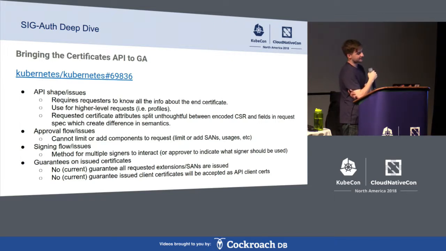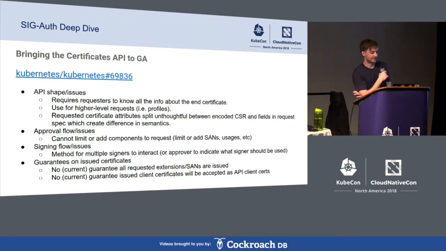So to highlight some of the issues, we have some structural changes that we would like to make to the API. If you're familiar with the flow, which was covered yesterday in the workload identity talk that I gave, the approver is responsible for approving certificates, or CSRs. However, the approver cannot modify CSRs, because we take a lot of information encoded in the actual ASN1 CSR object, which is immutable after its creation.